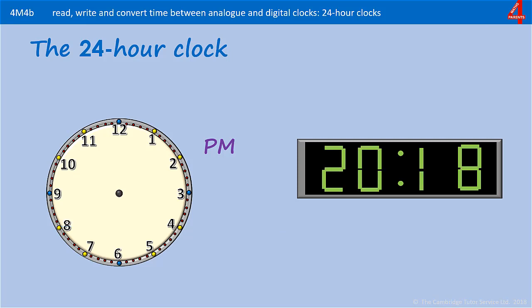Have a go at this one. 18 minutes past, so that's going to be 2 before the 20 past. What is 20 in hours? 20 take away 12 is 8, so 20:18 is the same as 18 minutes past 8 in the evening.